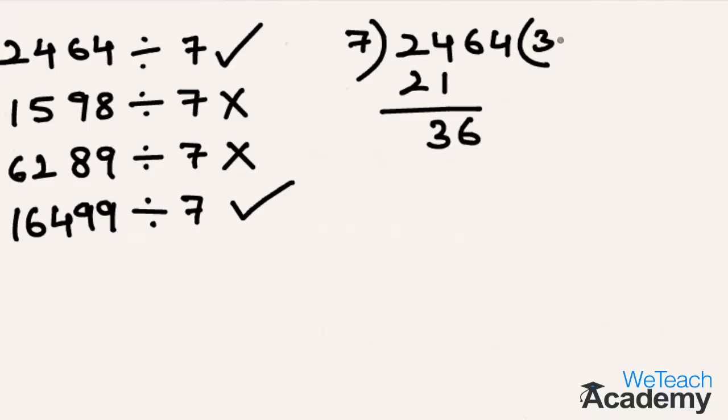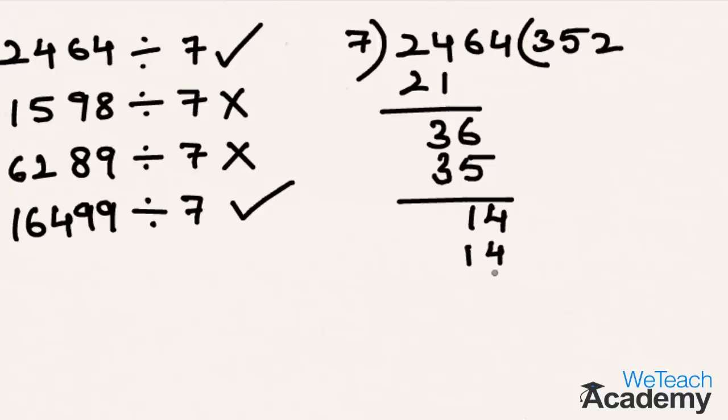Bringing down the next digit 6, we get 36, and 7 5 times is 35. We get the difference over here 1, and bringing the next digit 4, we get 14, and 7 2 times is 14. So hence we get remainder here 0. So the given number is exactly divisible by 7.